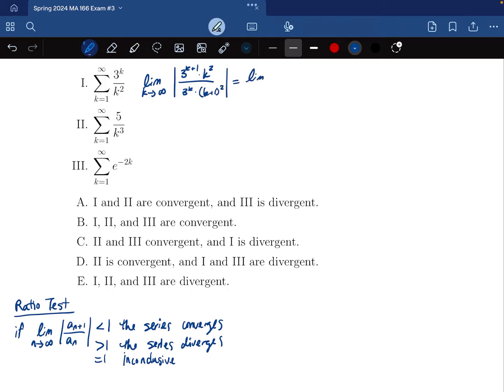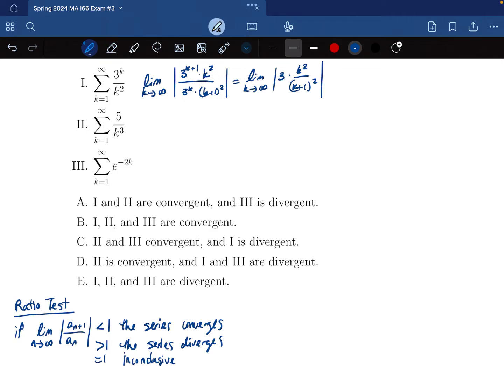And so now I have 3 to the power of k plus 1 in the numerator and 3 to the power of k in the denominator, and that works out really well because it cancels, and all we're left with is 3. So the reason the ratio test is a good option here is because of this constant to the power of k. Okay, and then we're left with k squared over (k plus 1) squared.